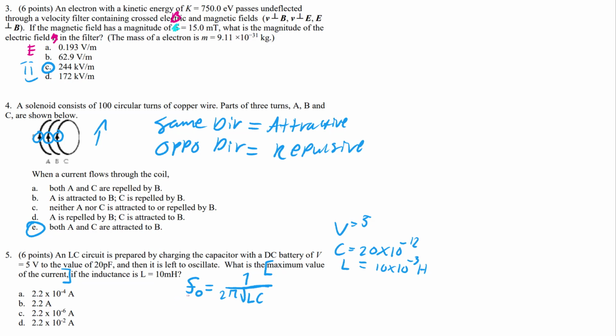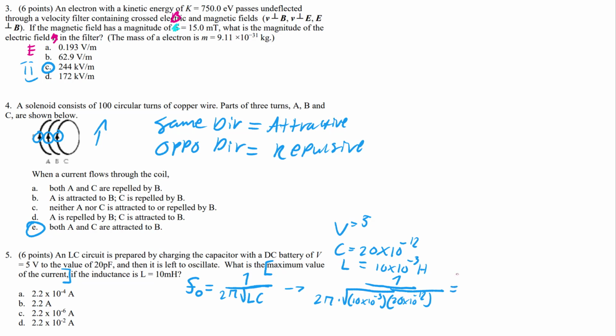And so whenever you have X sub L and you have to use a frequency, you're going to be using this one now, right? So we're going to actually get a number from this. We're going to say 1 divided by 2 pi multiplied by the square root of 10 times 10 to negative 3, multiplied by the capacitance, which is 20 times 10 to negative 12 farads.